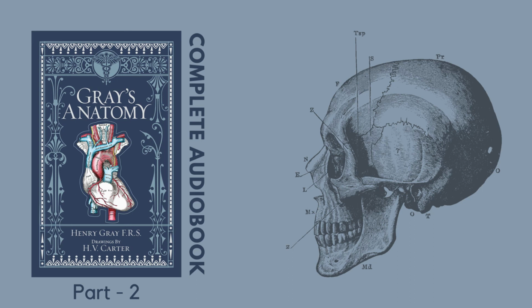The horizontal part, pars horizontalis, horizontal plate. The horizontal part is quadrilateral, and has two surfaces and four borders. Surfaces. The superior surface, concave from side to side, forms the back part of the floor of the nasal cavity.